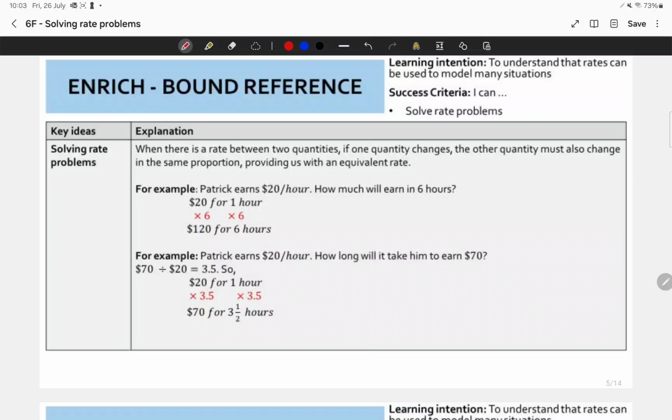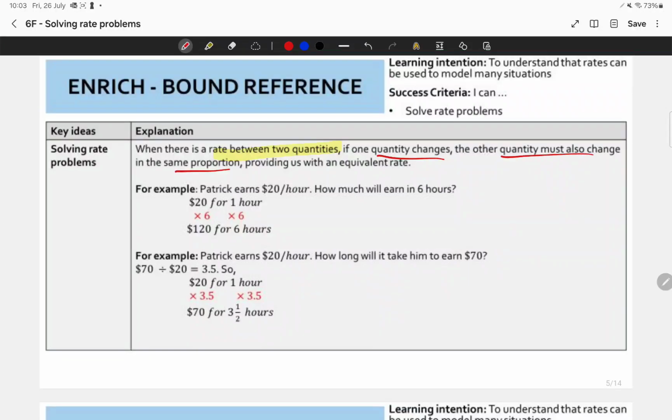Just like what we had in the last example and last lesson, you are going to be comparing between two quantities. So if one quantity changes, the other quantity must also change with the same proportion, okay?